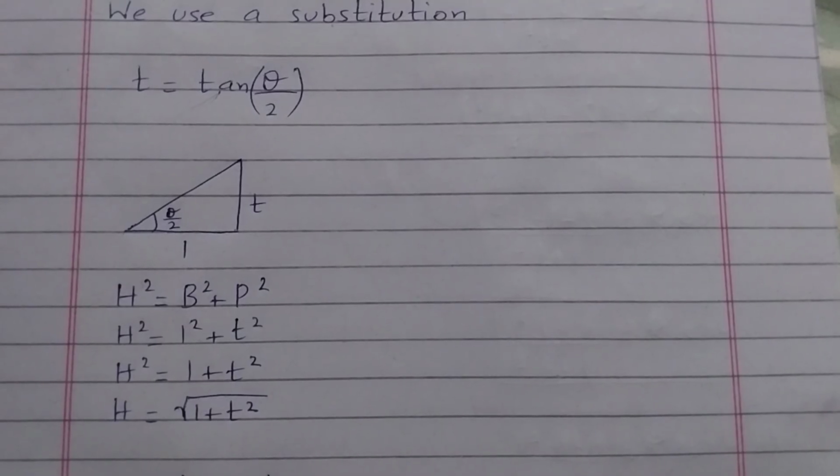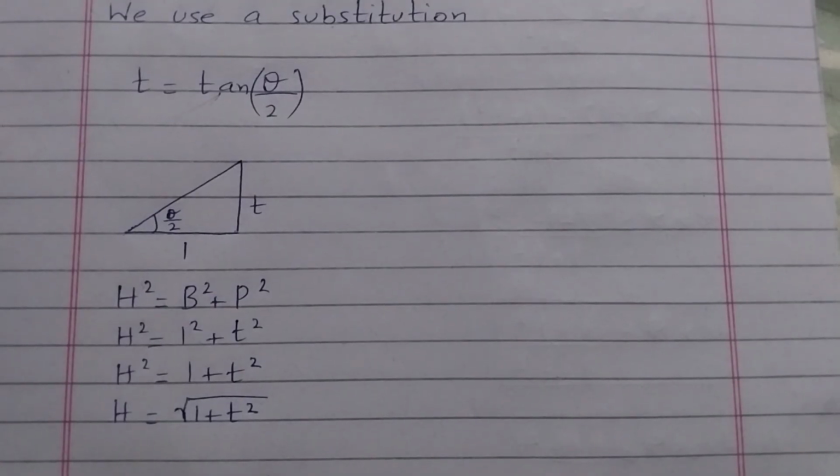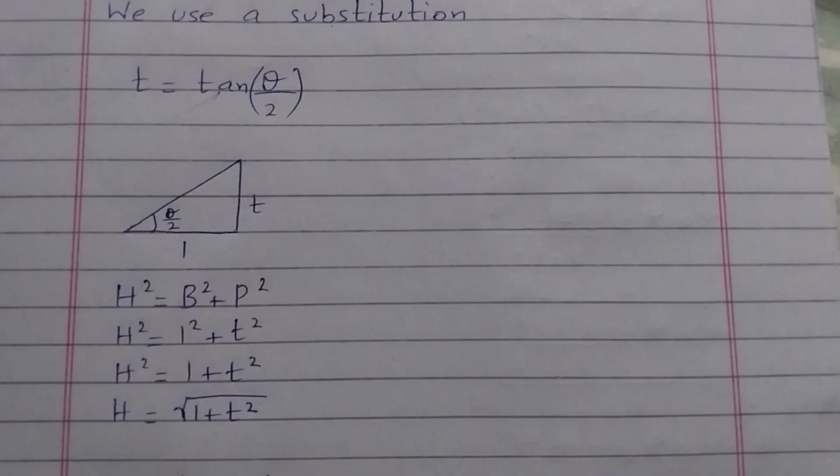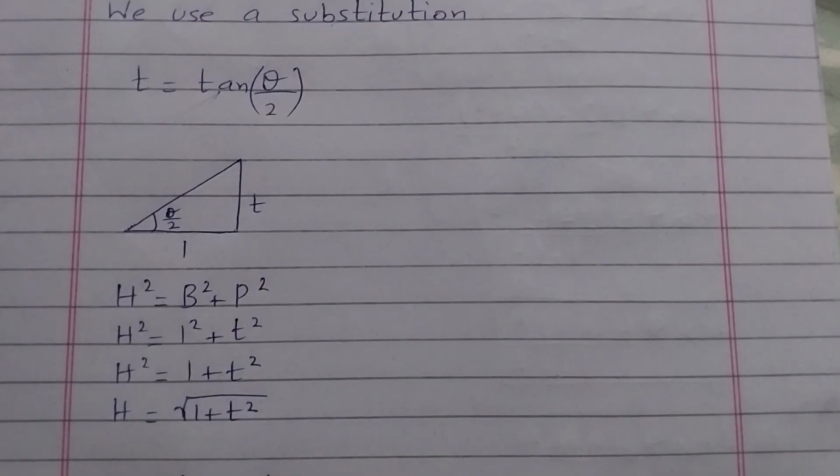So hypotenuse squared is equal to, base is 1, so 1 squared plus perpendicular, which is t. So hypotenuse squared is equal to 1 plus t squared, and we are interested in hypotenuse, so we'll take the square root. So we get the hypotenuse equal to square root of 1 plus t squared.